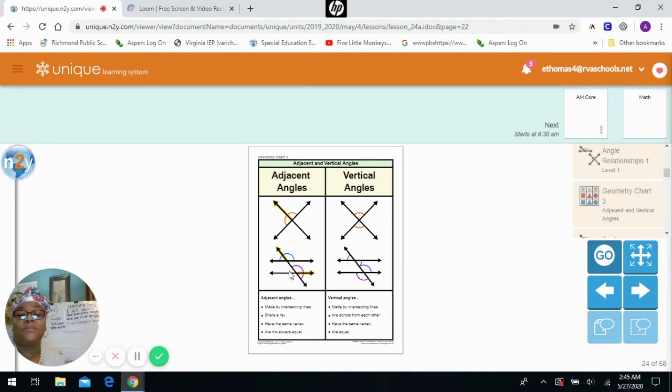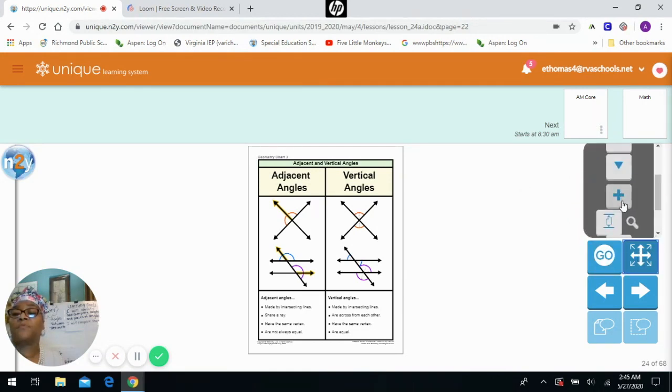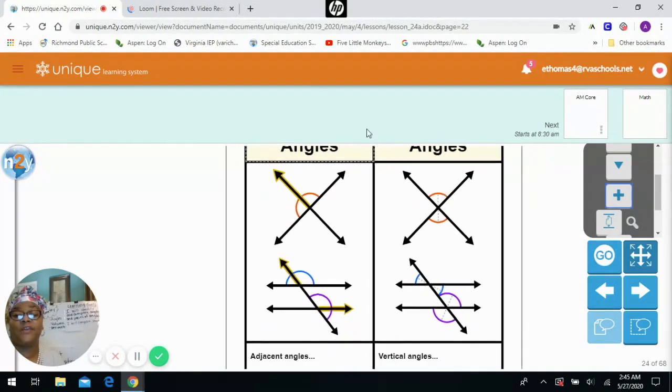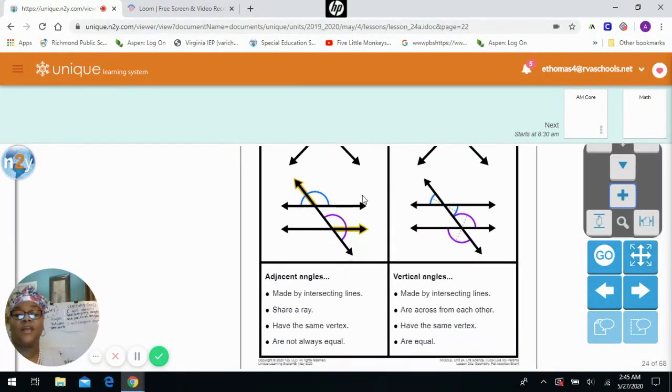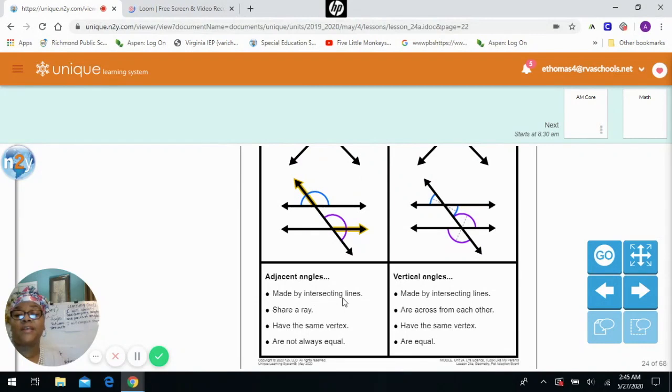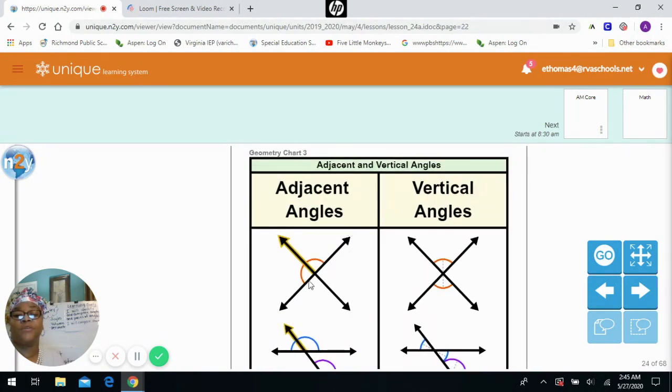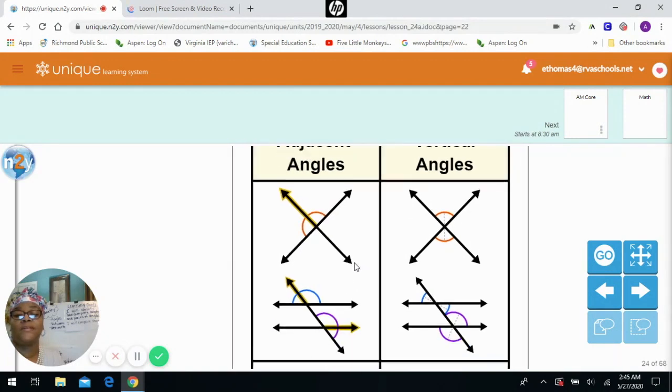Adjacent angles are made by intersecting lines. See how it intersects? They share a ray and have the same vertex, and are not always equal.